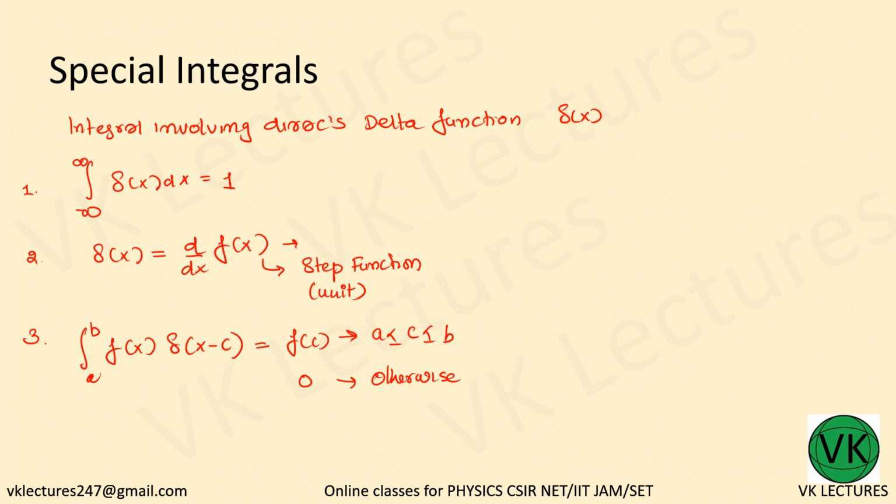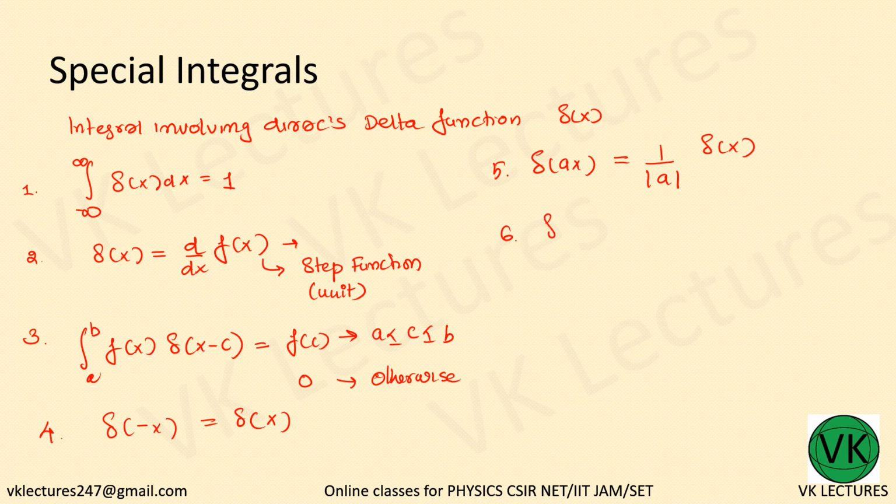Fourth, delta of minus x equals delta of x. This indicates that the delta function is an even function. The fifth one: delta of ax, with some constant a, is equal to 1 by mod of a into delta of x.